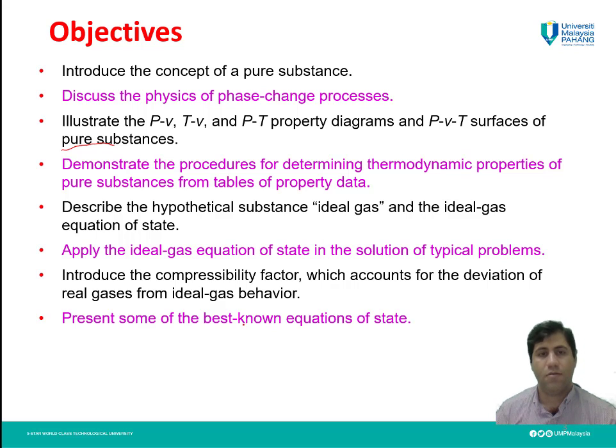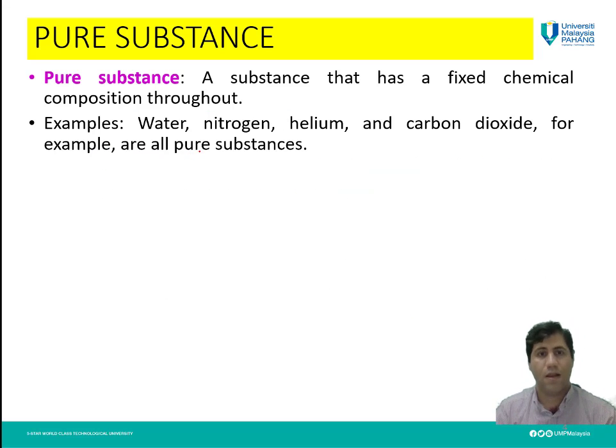So now let's start with the first topic, which is an introduction about the concept of a pure substance. What is a pure substance? According to the definition, a pure substance is a substance that has a fixed chemical composition throughout the whole substance.